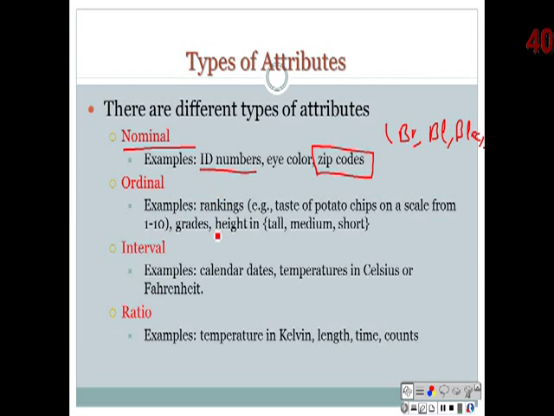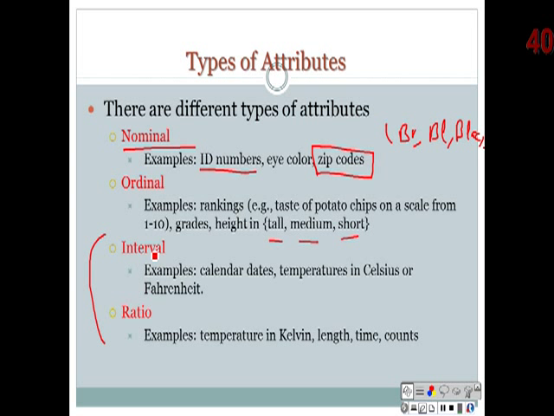Ordinal, so here we have the concept of ranking. The ranking is important here. For example, tall, medium, short, so there is some kind of ranking included inside. That's the difference between the nominal and the ordinal, and both of them are qualitative types of data. Whereas quantitative types of data are interval and ratio.